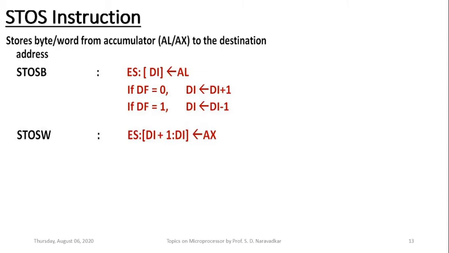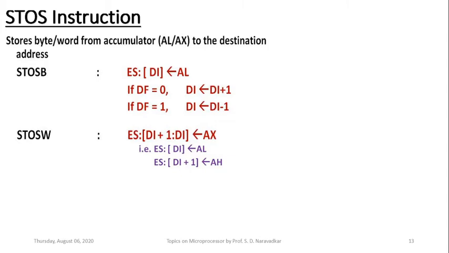Once we write this basic operation of store string word, then the effect of the direction flag is to be written. Here is the split operation. In case we want that split operation of store string word, the lower byte, that is the contents of AL, will be copied to the extra segment offset given by DI, the lower offset.